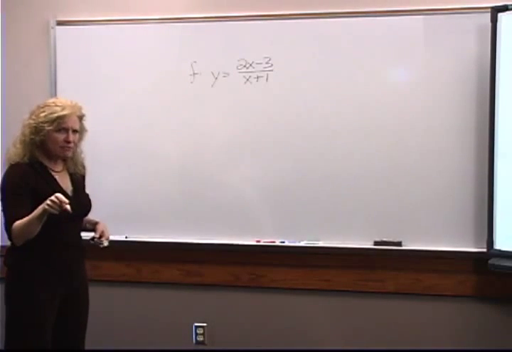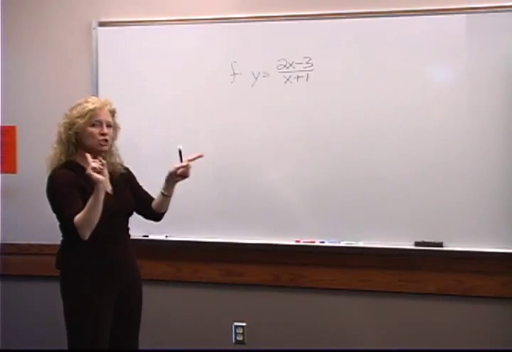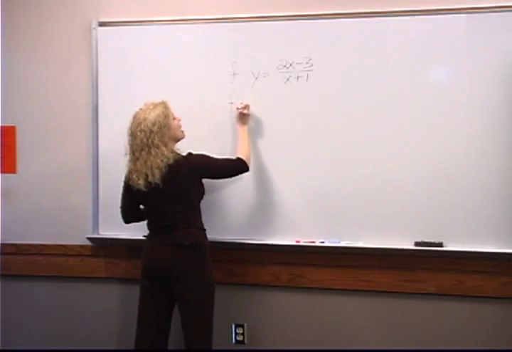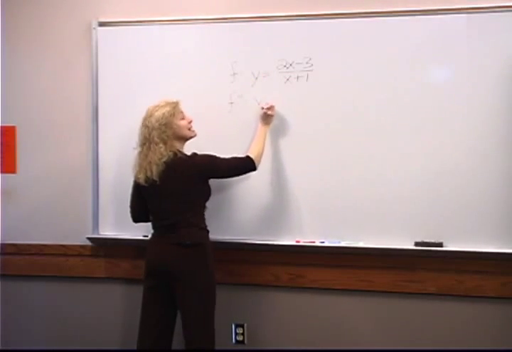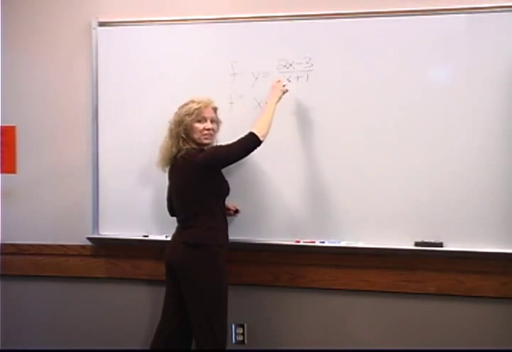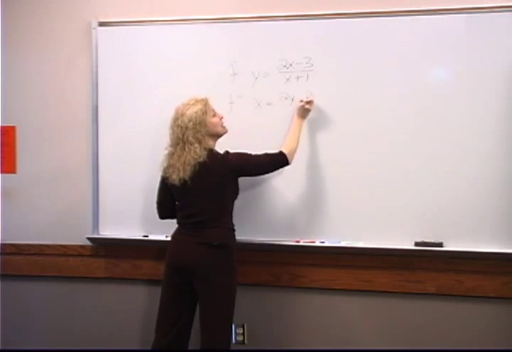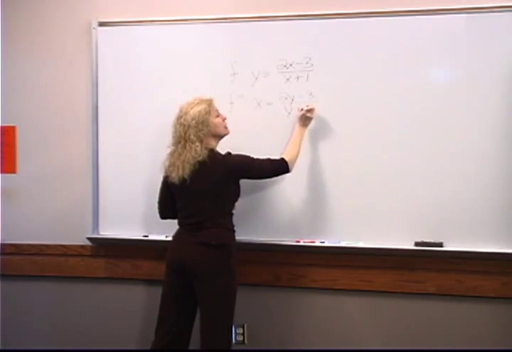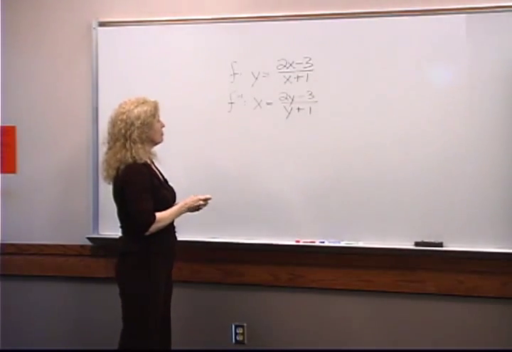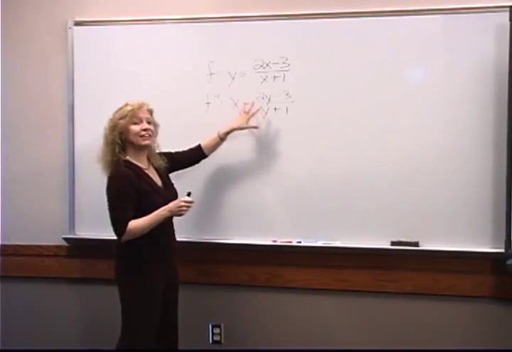Now, to get the inverse, what do I do? I interchange x's and y's. So for the inverse, this becomes an x. Now, for the first time, we have more than one term with an x in it over here. Every one of those has to become a y. Oh, this could get ugly, huh?